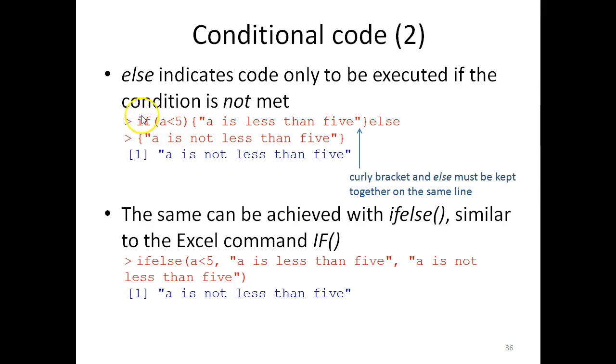Here we write if A is less than 5, then do this within brackets, print A is less than 5. Then we have an else part that is to be executed if this condition is not met. Else A is not less than 5.